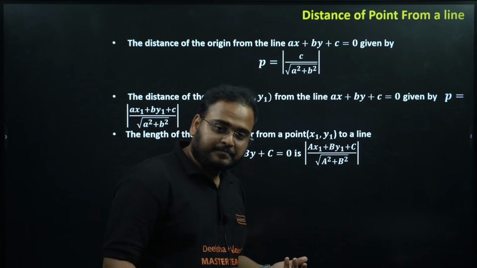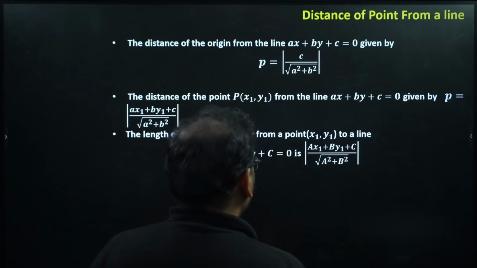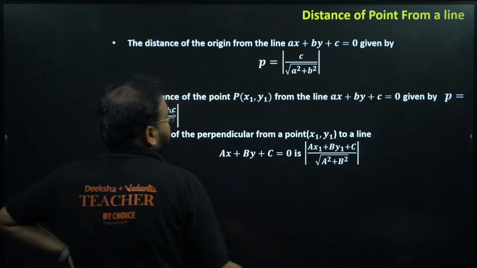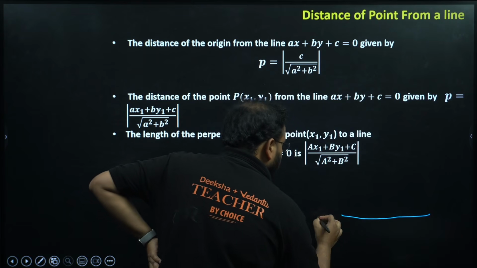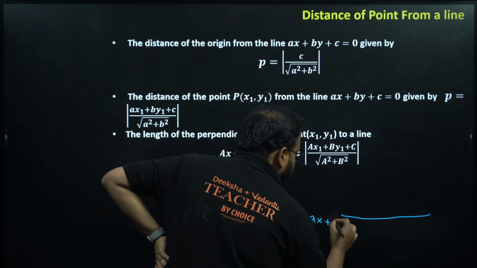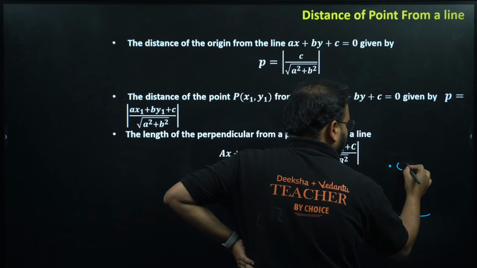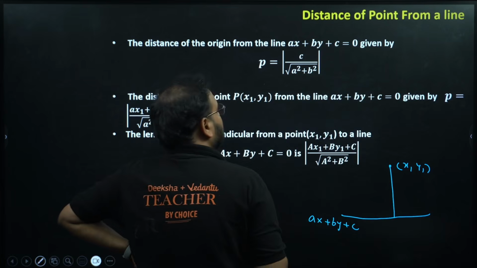All right, so what do we have? Distance of a point from a line. Very simple. A line means you'll have an equation, let's say ax plus by plus c. And a point means you'll have a known coordinate, x1, y1. Then this is called the distance, let's say p.